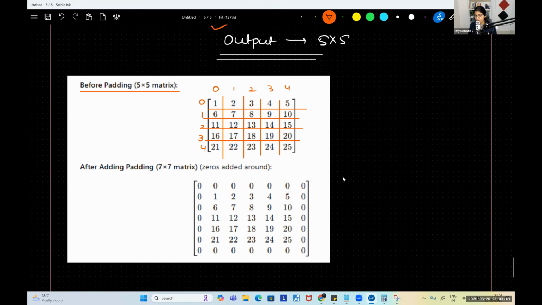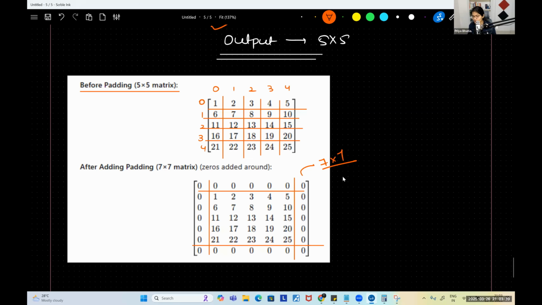As soon as you say padding value as 1, it will take one layer of zeros. This is what we call zero padding, where it applies zeros to all the values on the outer boundaries of your input image. So in a way, this complete matrix will now become 7 cross 7.